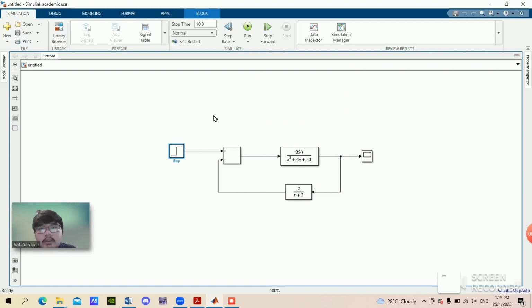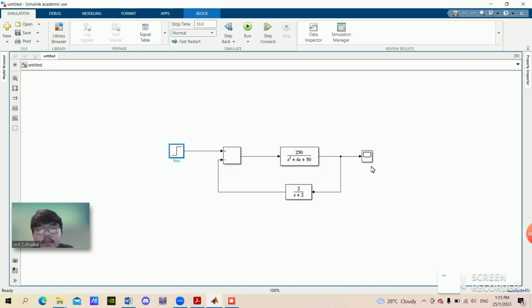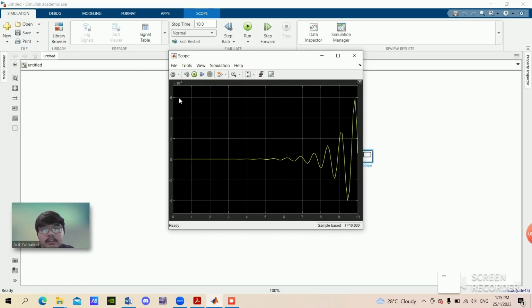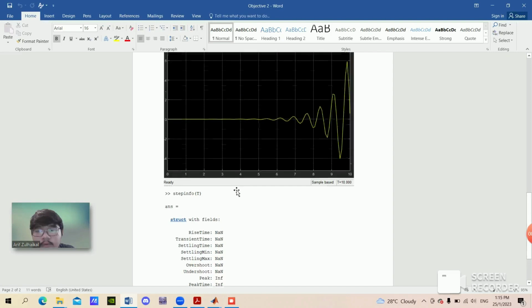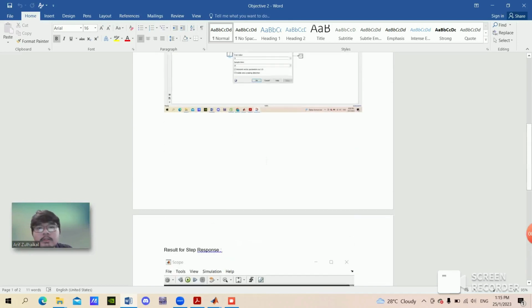Then click OK and run. The result is shown at the scope; this is the graph for the step response.